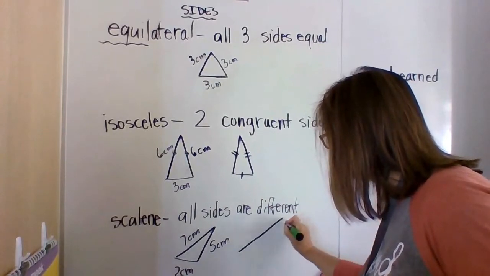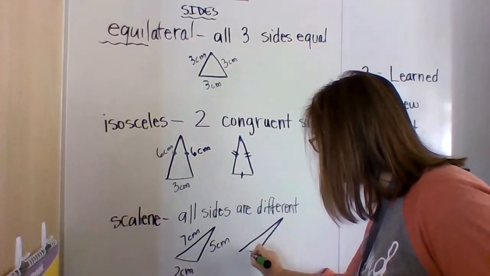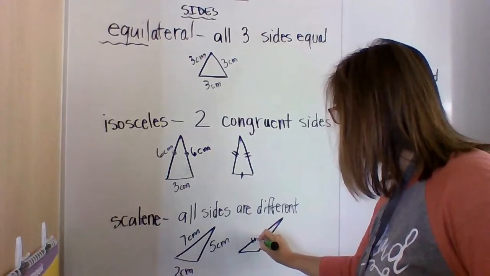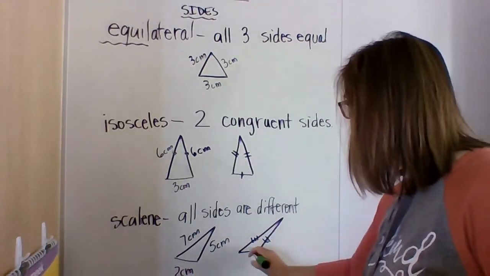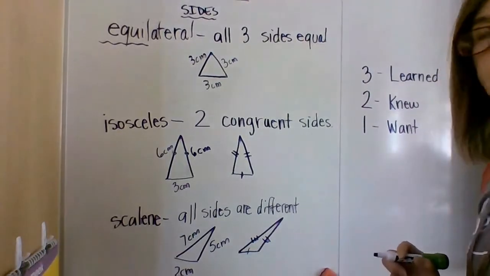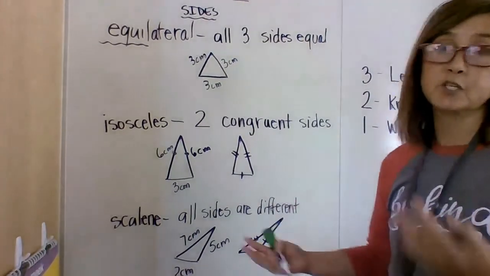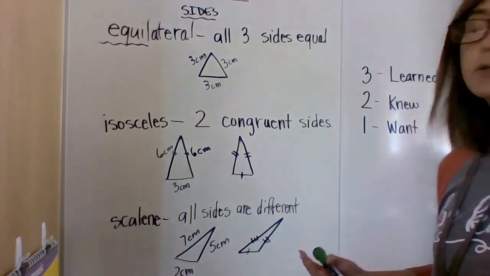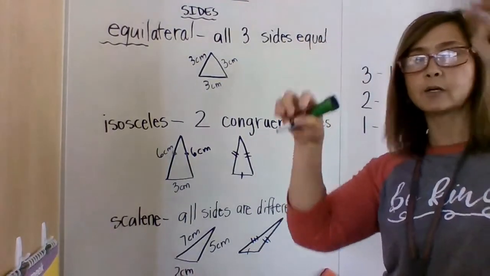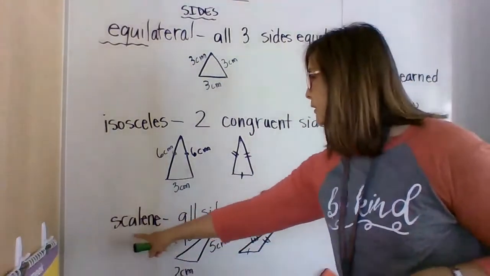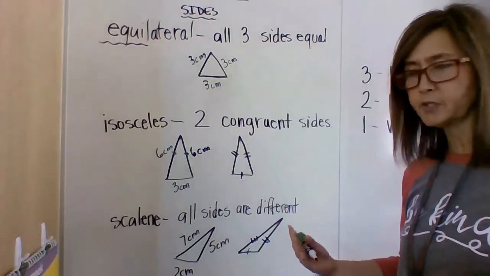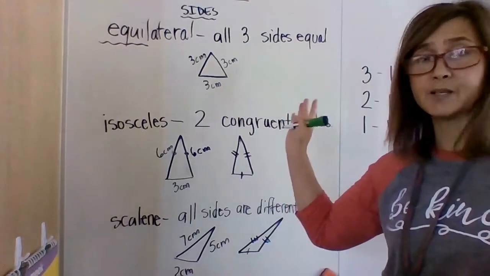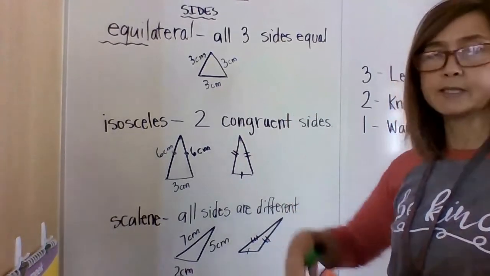It might look like 3 little notation marks there, 2 on that one, and 1 on that one. So a trick that I would teach you in class would be like when you climb a mountain, you're scaling or climbing the mountain. When I think of scaling and I think of a mountain, the mountain has all different types of sides on it.